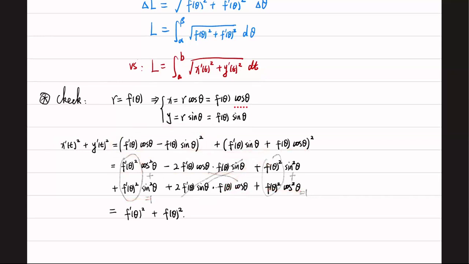Then we observe the common factor, cosine squared plus sine squared equals 1. The crossing terms cancel each other, derivative times function, cosine cosine, sine sine. For function squared, sine squared and cosine squared add to 1. So this gives us the derivative squared, this gives us function squared. So we have the formula for the arc length of a polar curve.